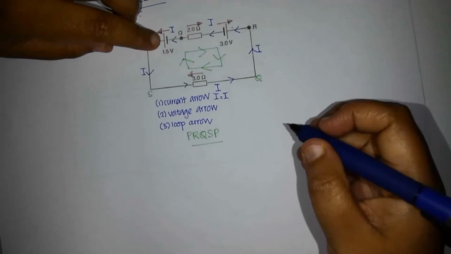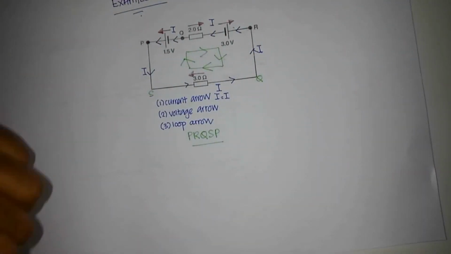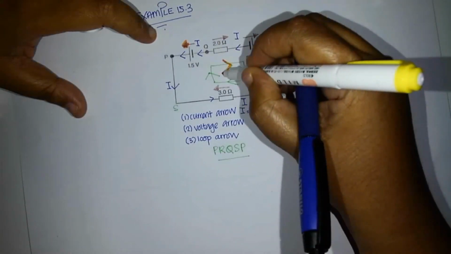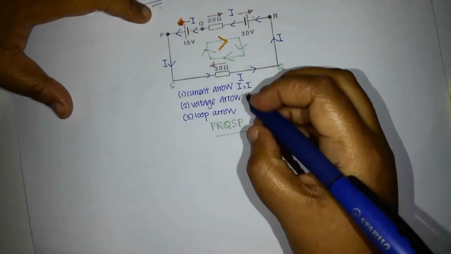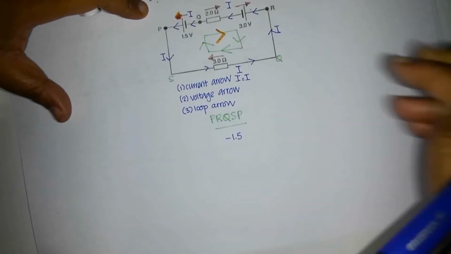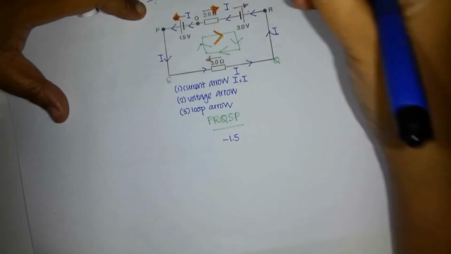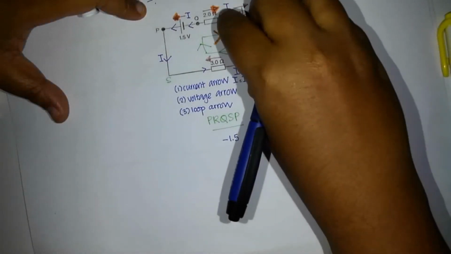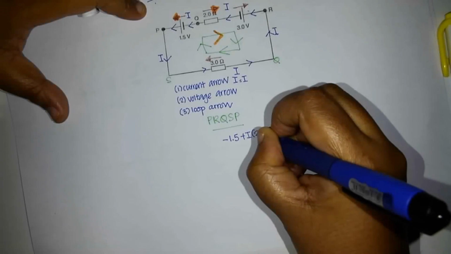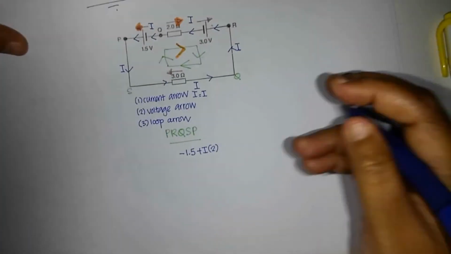As I'm going, I notice that the direction of the voltage arrow is opposite to the loop arrow, so it will be negative 1.5. Same goes here: the direction is the same, so plus 2I.